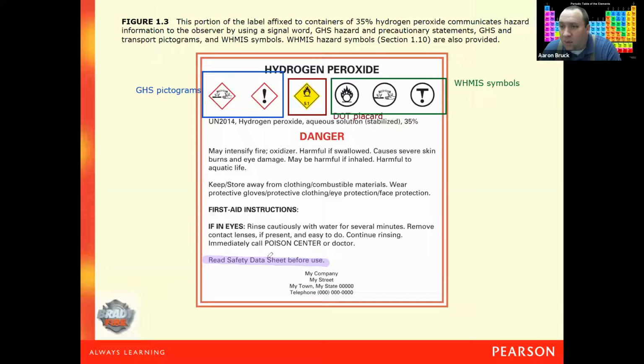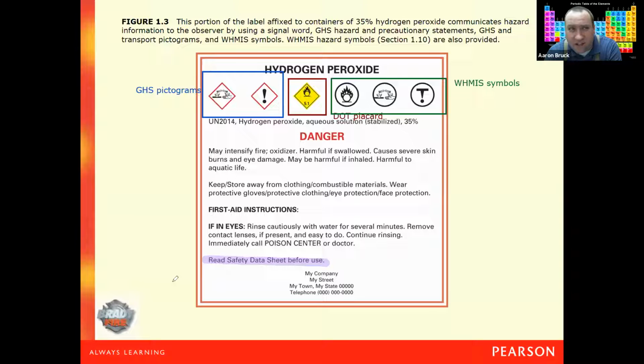Safety data sheets are part of the overall HazCom standard. You may have heard of these referred to as material safety data sheets, MSDSs. They are common packets of information about a particular chemical and what its dangers are, how to store it, how to use it.